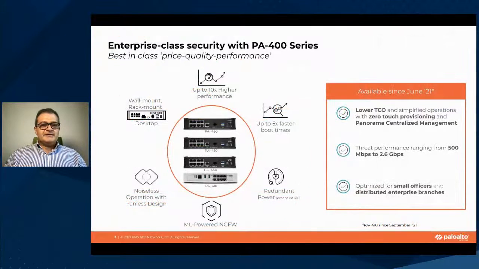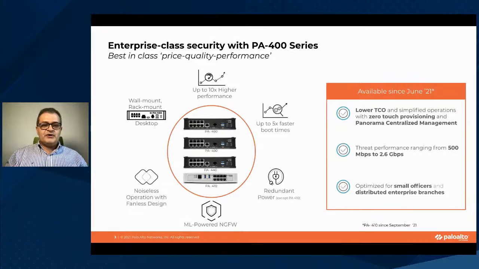The PA-400 series has four different models that span in performance from 500 megabits per second up to 2.6 gigabits per second. It's also a machine learning powered next generation firewall. And we talked about these as part of zero trust networking.